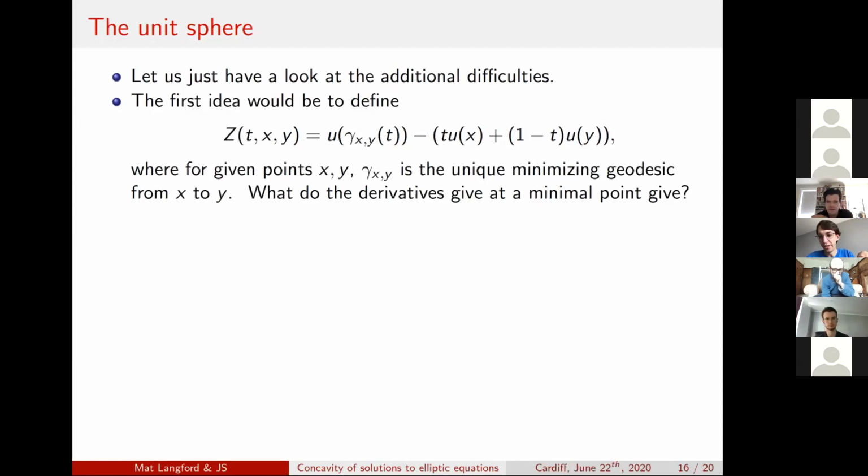I have a question, if I may. Is it important here that the metric is the standard metric? This will be very important, but at this level it is not important yet. The question is how you define concavity on an arbitrary Riemannian manifold.